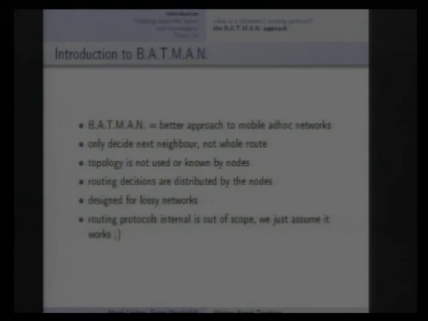Every node just says, hello, I'm here, and all the other nodes see there's a node somewhere, and everybody keeps in mind where my best neighbor towards this direction is. That's basically the idea of Batman.